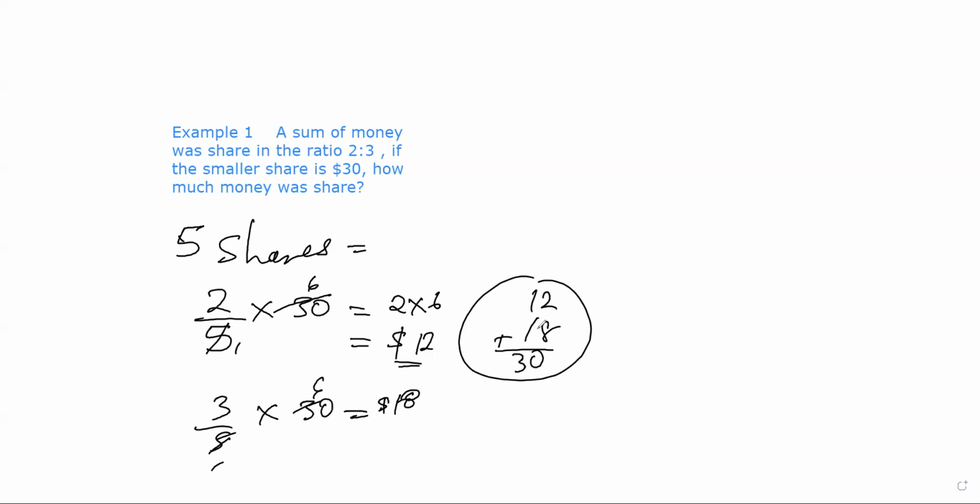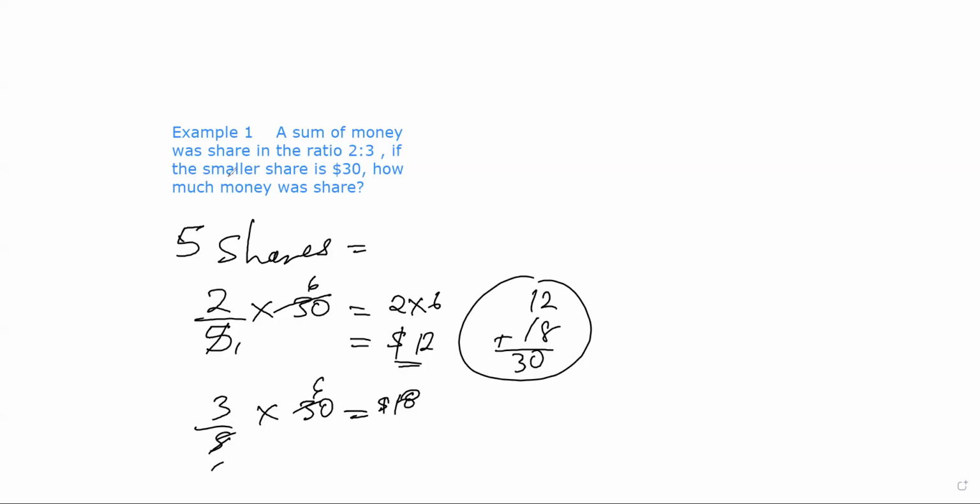So you're saying that $30 was shared for the two of them, but one got $30? They had a total of $30, but they had to share it among each other, and one of them is $12 and the next one is $18.